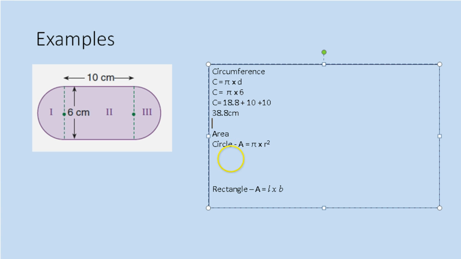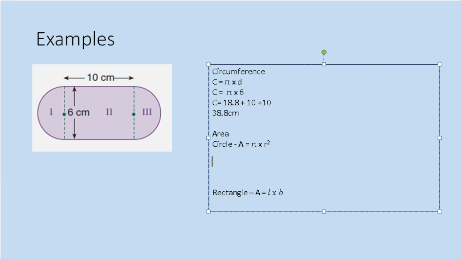Okay, let's have a look at finding the area. So the area of the circle is pi r squared, and again we have a whole circle because we have two halves, so we just need to go pi times the radius, which is 3 squared, and that equals 28.27.